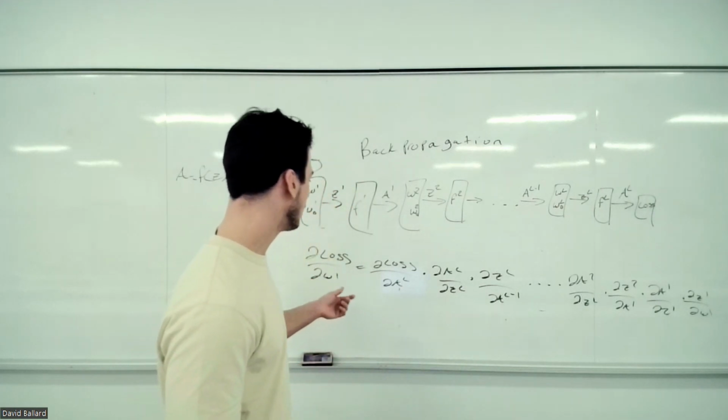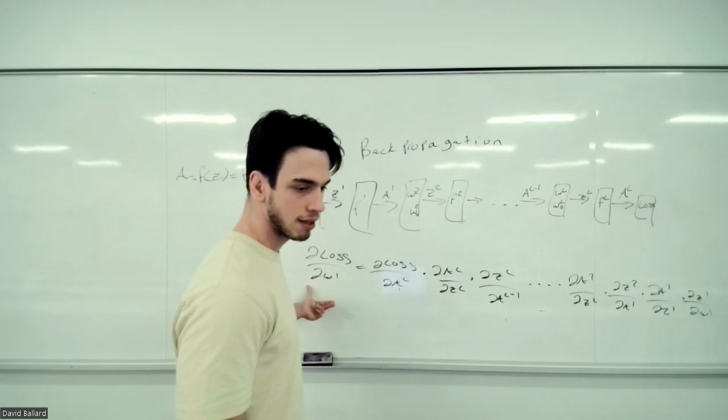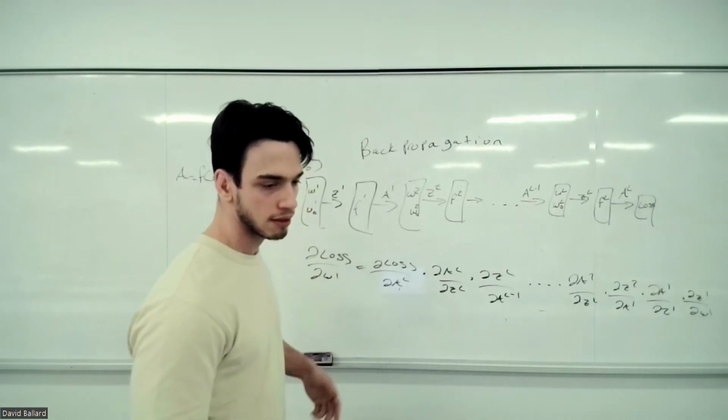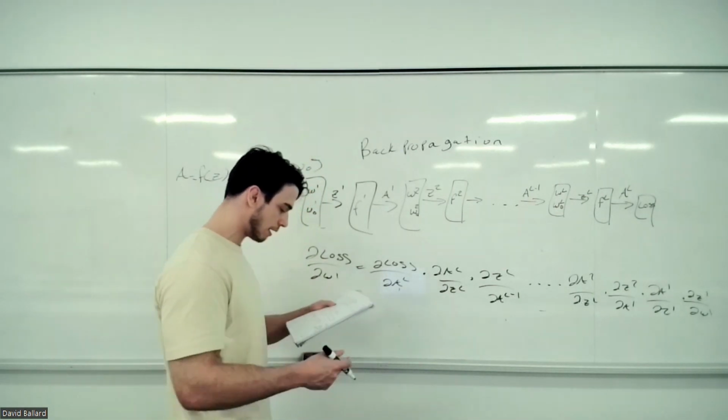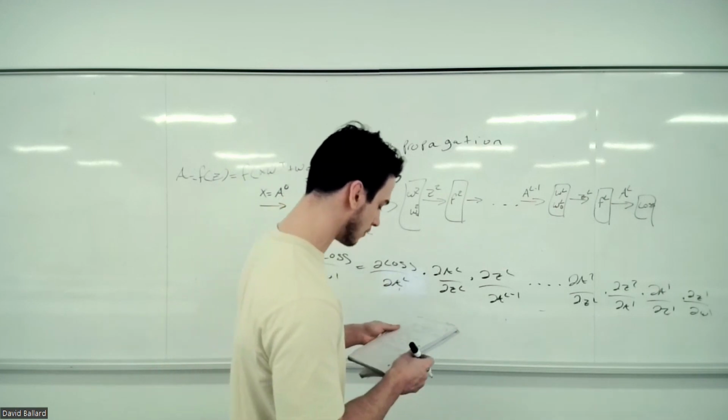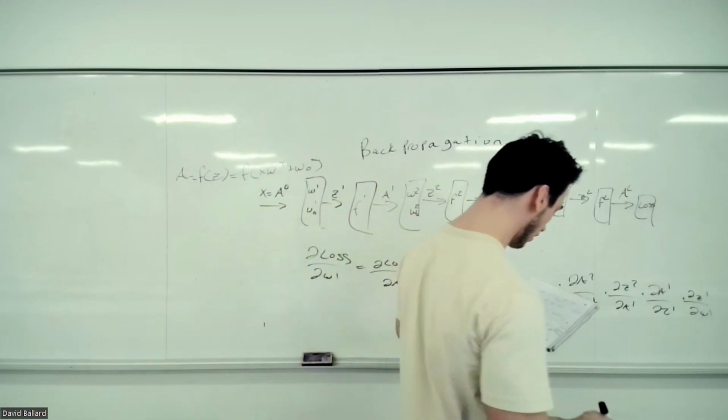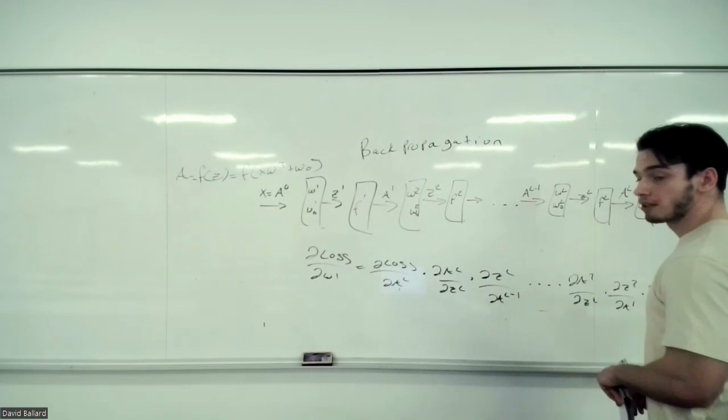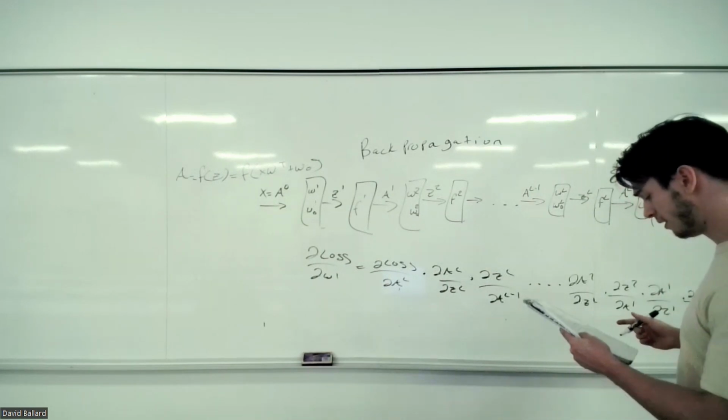So that's how we adjust our weights. We're traveling backwards through the network, and then we're figuring out who caused the most amount of trouble, or who caused the most amount of loss at each step.